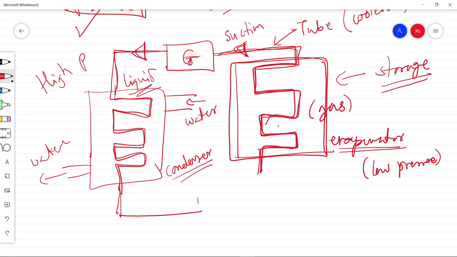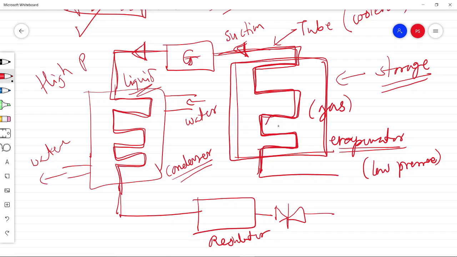Then it is transferred to a regulator and a valve, which regulates the pressure and transfers the coolant back into the region of low pressure, where it is then converted into vapor again.